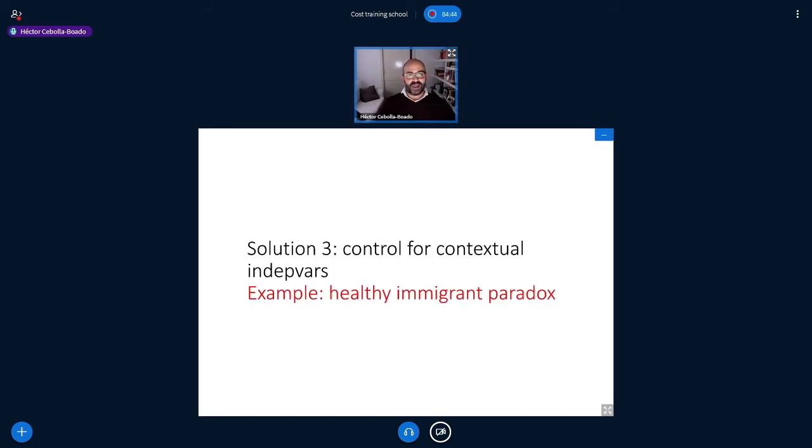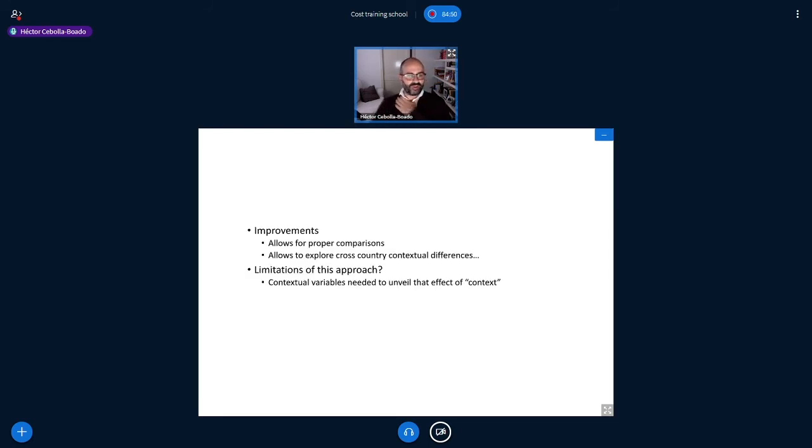Okay, I'm going to move forward to the third solution. Previously, we gained the possibility of establishing stable, robust, or reliable comparisons between our groups, these 5 groups that I spoke of in this previous paper.